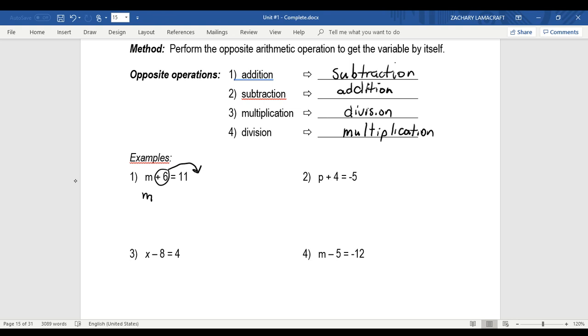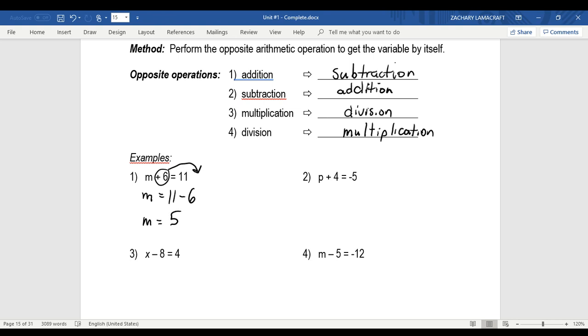So when we subtract 6 from this side, and whatever we do to one side we do to the other, it gets rid of that. So then it would become 11 minus 6 on the other side, okay? So when we move it over, we just have to switch the sign, or change the operation. So it was adding on this side, subtracting on the other side. So then we would just solve that. It would be m equals 11 minus 6, which is 5, okay?